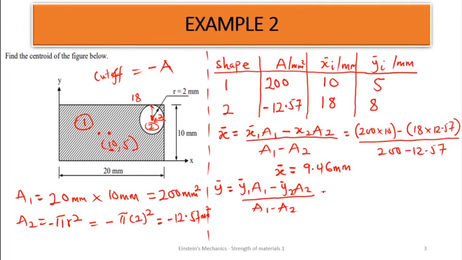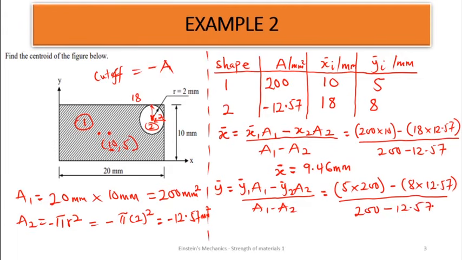When you plug this in, you are going to get 5 multiplying 200 minus 8 multiplying 12.57, over the summation of the area. And when you punch this, your y bar should give you 4.7 something, which is approximately 4.8 millimeters.